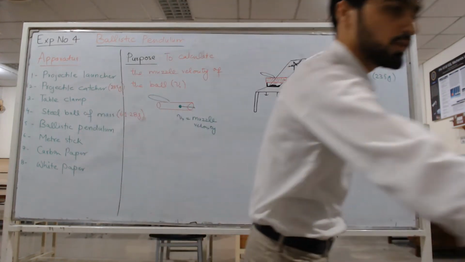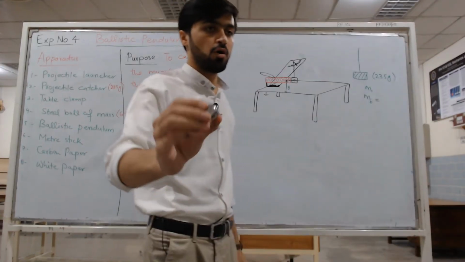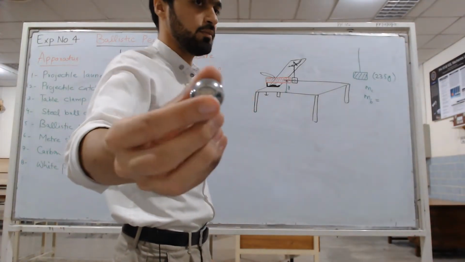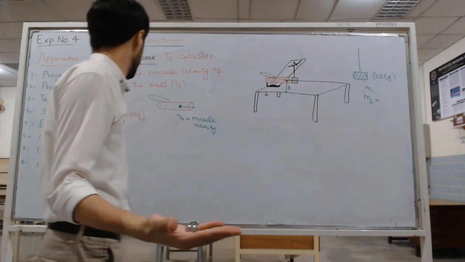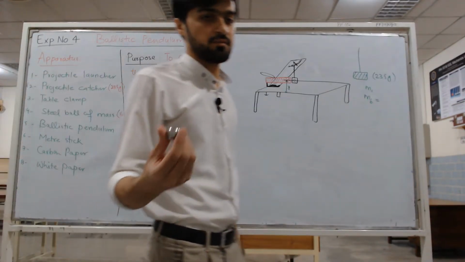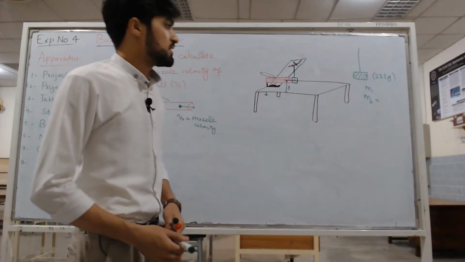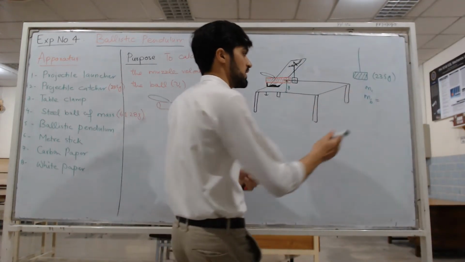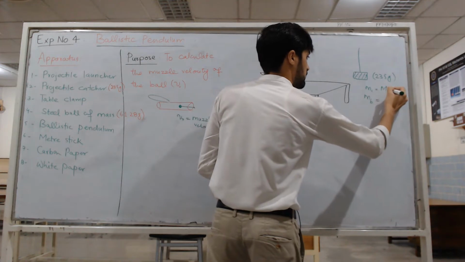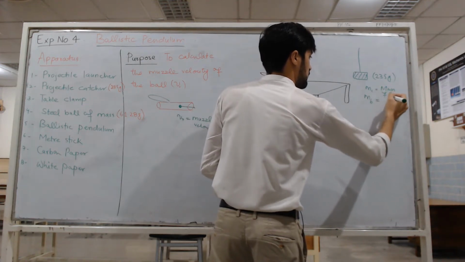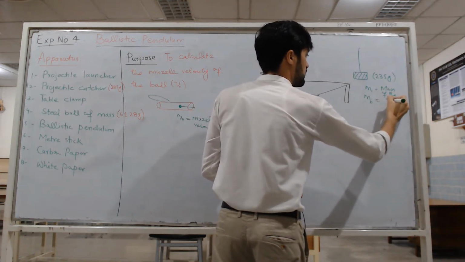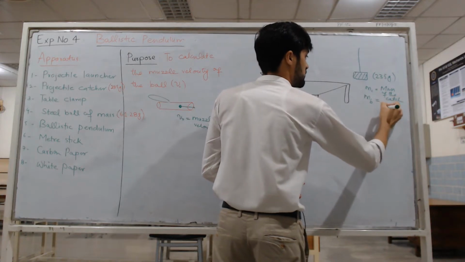This is actually the ball needed for this experiment. Its mass is about 61.28 grams, so we'll be using this for our experiment. So MC is the mass of the catcher, and MB is the mass of the ball.